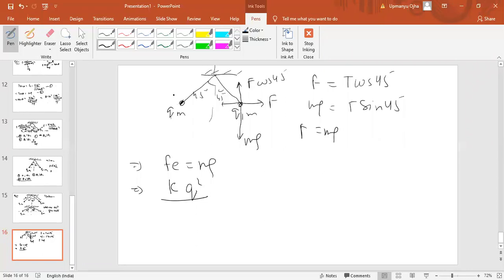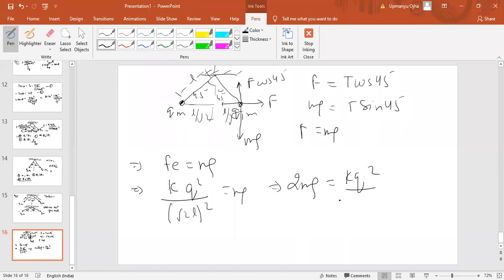This length is L, so the distance between them will be L sin 45 plus L sin 45, which is L by root 2 plus L by root 2, equal to 2 times L by root 2, or root 2 L. So this equals mg, and from here we get the expression 2mg equals kq square by L square.